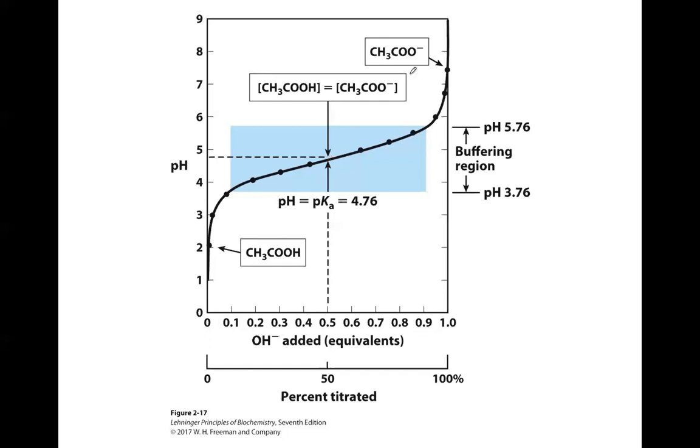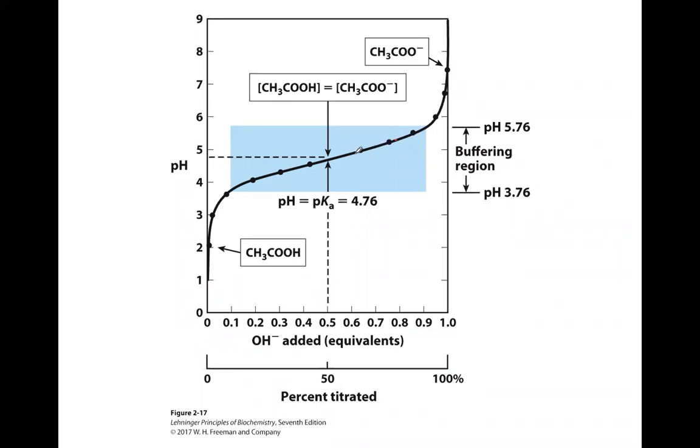If you add acid to base, you'll go the opposite way, right? So you start here somewhere in the region of high pH. If you start adding acid, you start moving in the opposite direction.